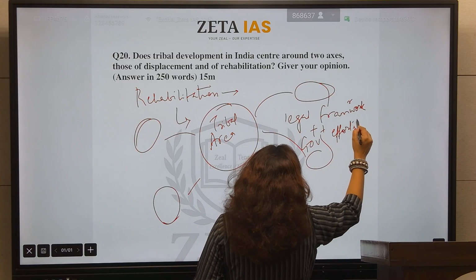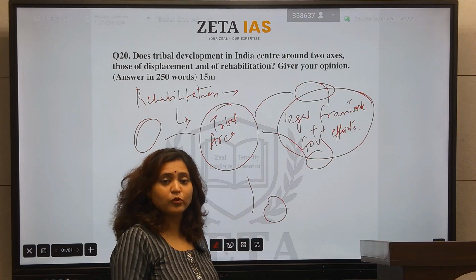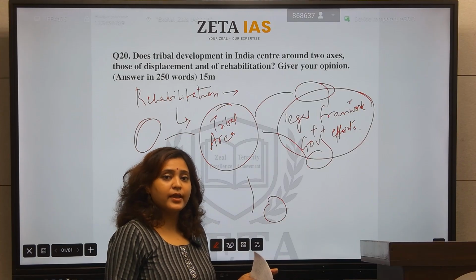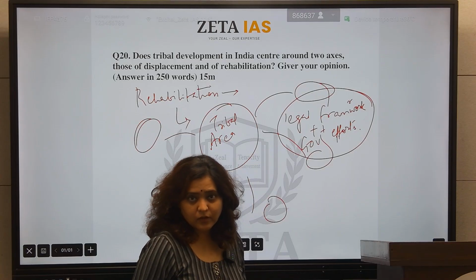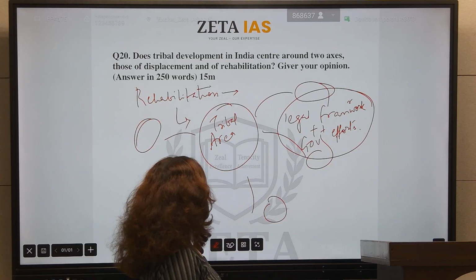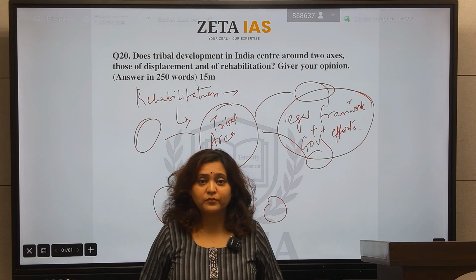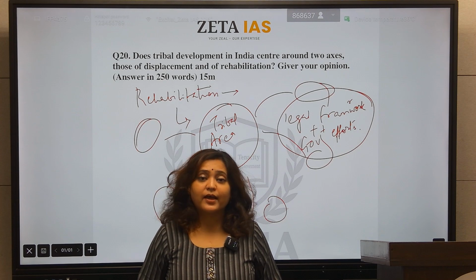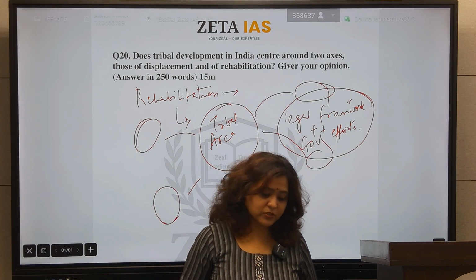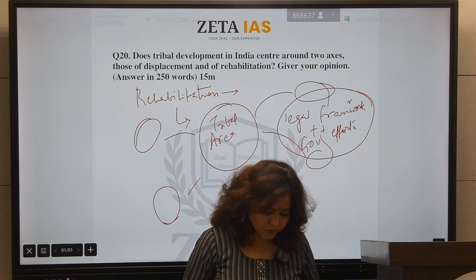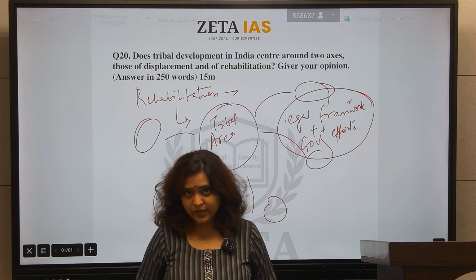So rehabilitation of tribes is a work of both these forces, and they have to work in tandem with each other for a stable tribal society. The government can also take cues from the Forest Rights Act 2006, which recognizes and secures the rights of forest dwelling communities in India.